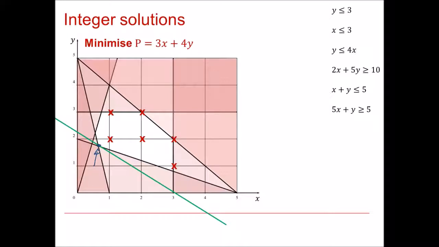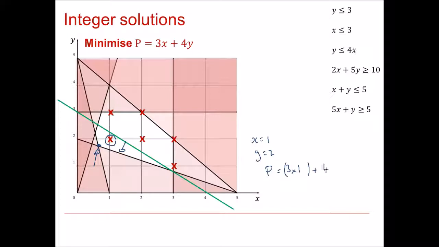If we just go back a little bit, you can see that as it moves towards the origin, this one here must be the final integer solution. So our integer solution would be x equal to 1 and y equal to 2, giving us a value of p equal to 3 multiplied by 1 plus 4 multiplied by 2, which is 11, as being the minimum.